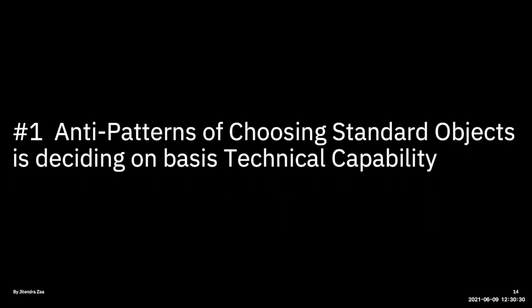But what I'm trying to say here is the number one anti-pattern of choosing a standard object is making our life easier on the basis of standard technical capability. Think about it, it's a very deep line here. Again, it's just my point of view.